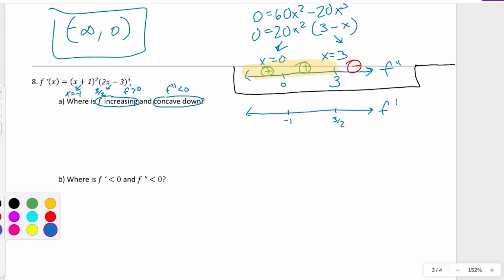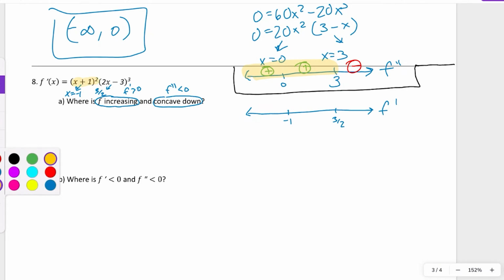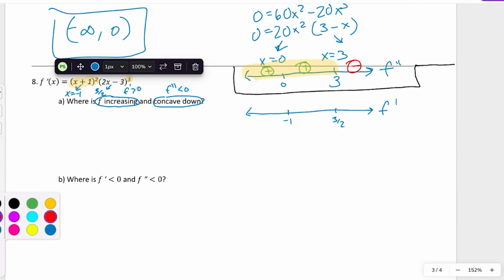And if I plug in a number like -2, I'm going to get a negative value. The x plus 1 squared, this is always going to be positive. And cubing something is not going to change the sign. So I'm really just looking at 2x minus 3. And if I plug in a number like -2 or -10, that is going to be negative.